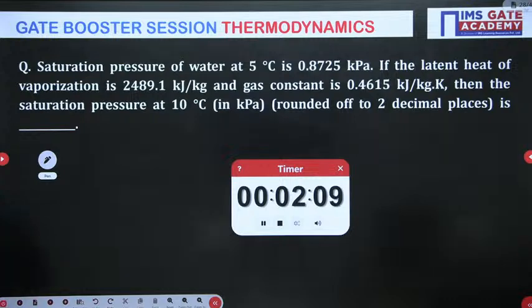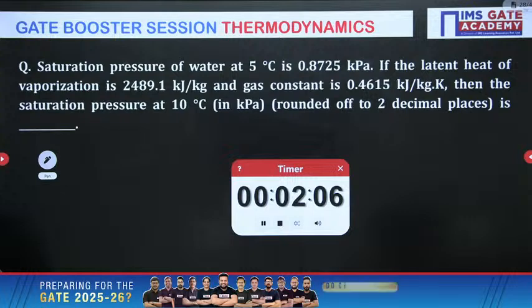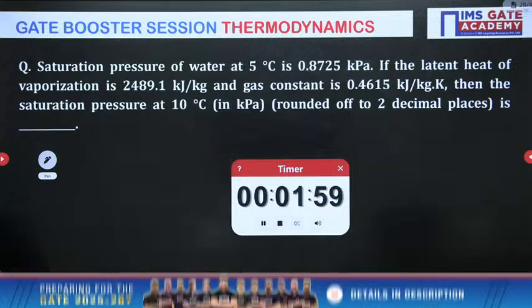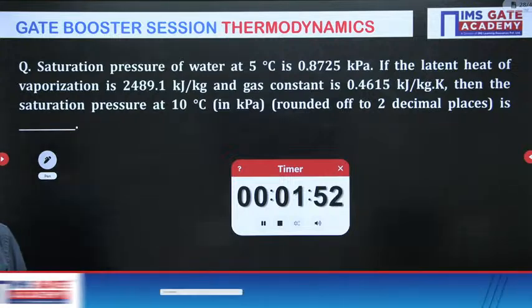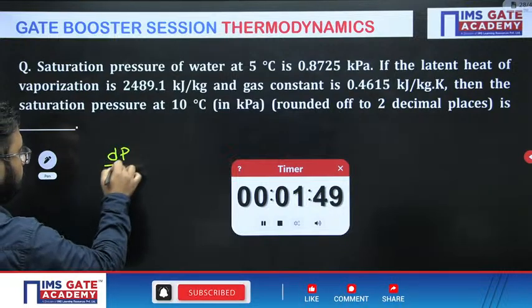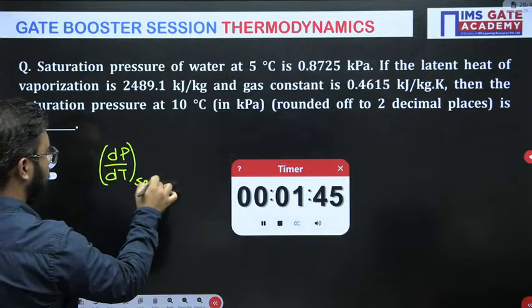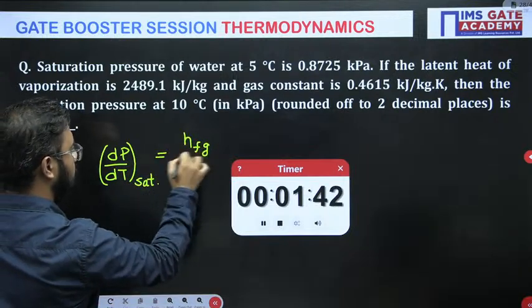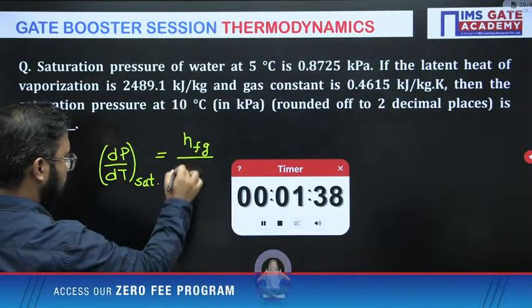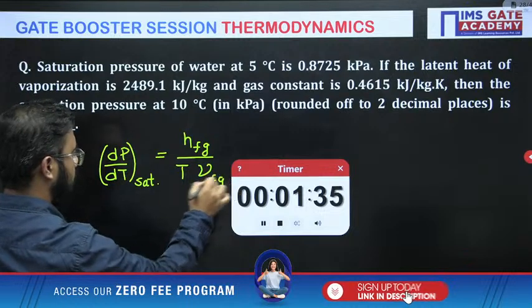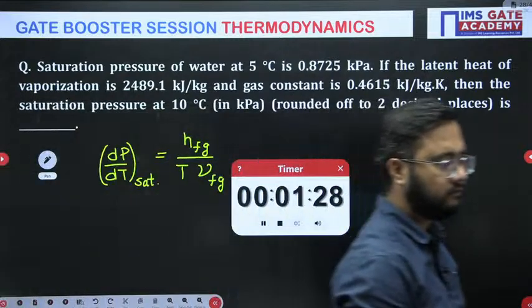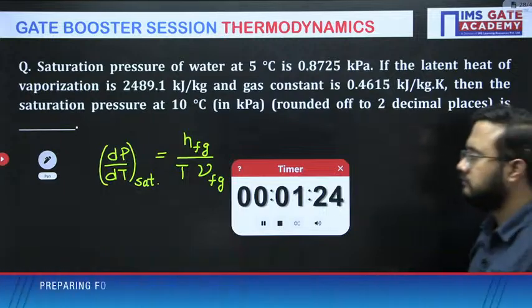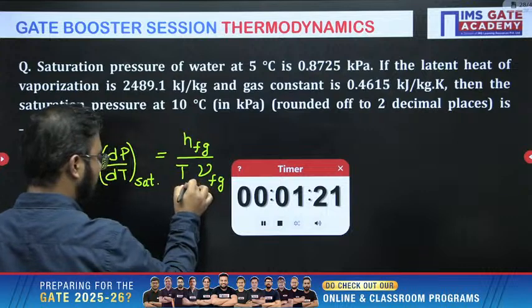This equation we will use, and basically we will modify this equation.